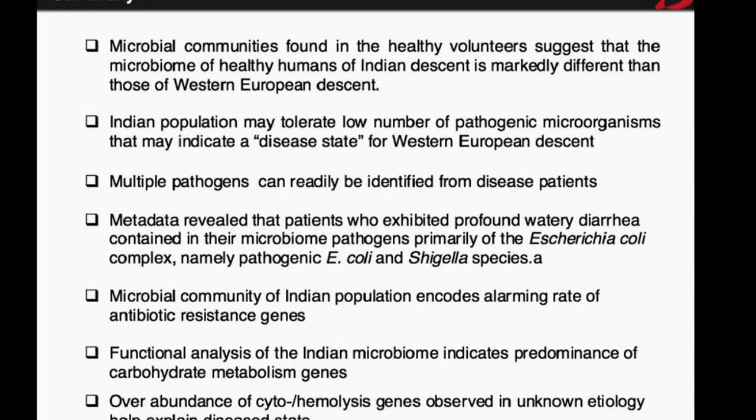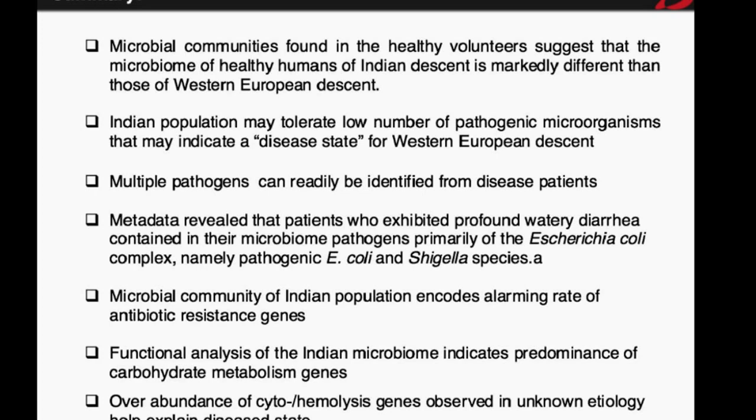Multiple pathogens were readily identified from diseased patients. Very, very important point: polymicrobial infections, more and more, I think, we'll be able to recognize, characterize, and understand more effectively as the mechanism of the disease state.